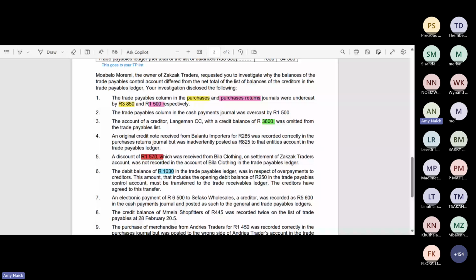We've overstated that. So we need to raise that creditor, or the payables, with 1,500. Again, this doesn't impact the listing because they've given us no indication of the listing here. All they've spoken about is the payables column. So it's only going to impact the control account. So we'll have to credit the control account.